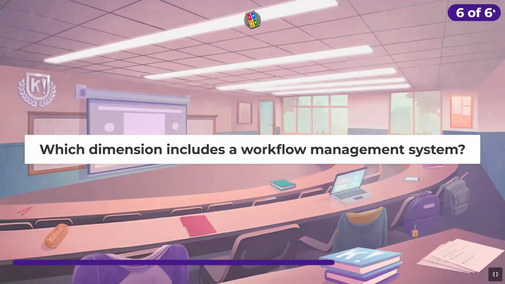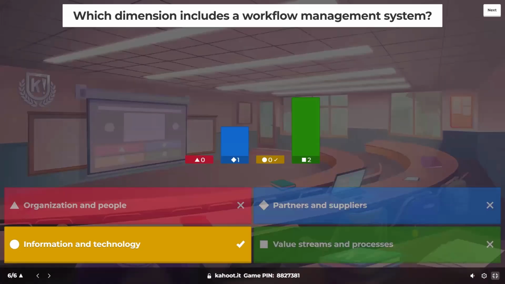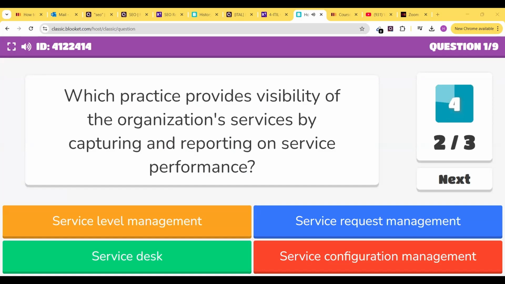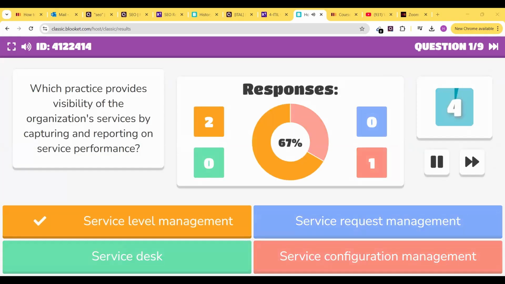Which dimension includes a workflow management system? No. So service level management. Well done.